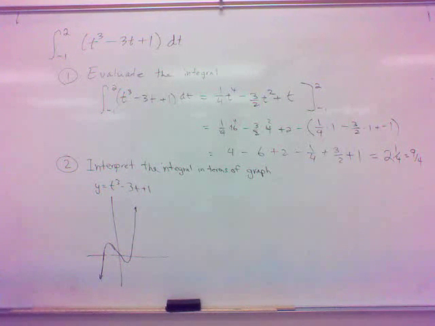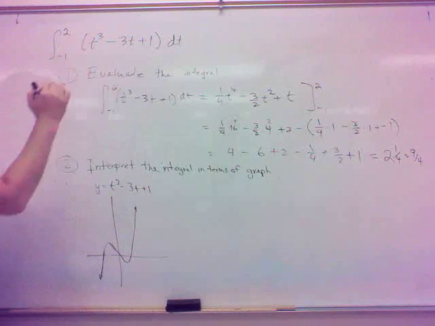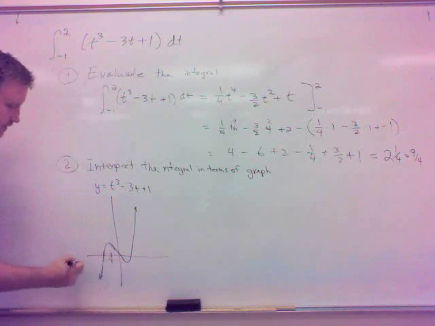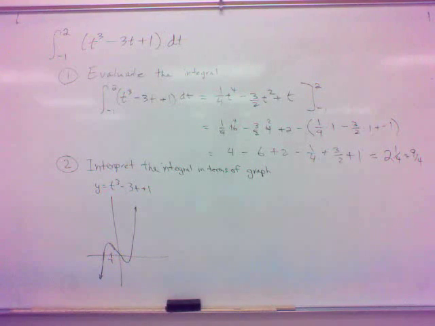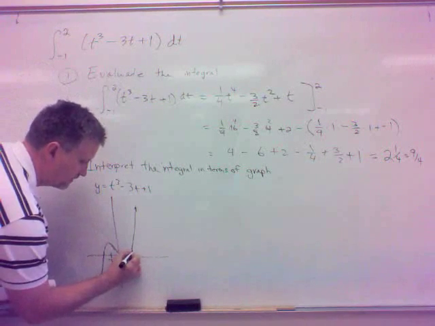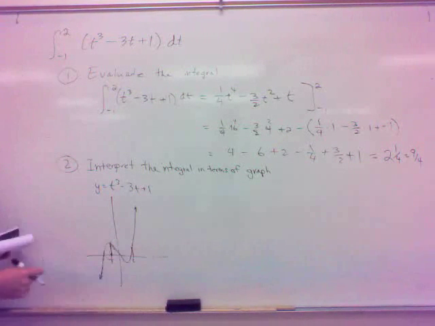The net area between the curve and the x-axis. So between what and what? Between -1 and 2, right? So between -1, right here, and +2, which it looks like just passed right there. So I'm going from -1 to 2 there.